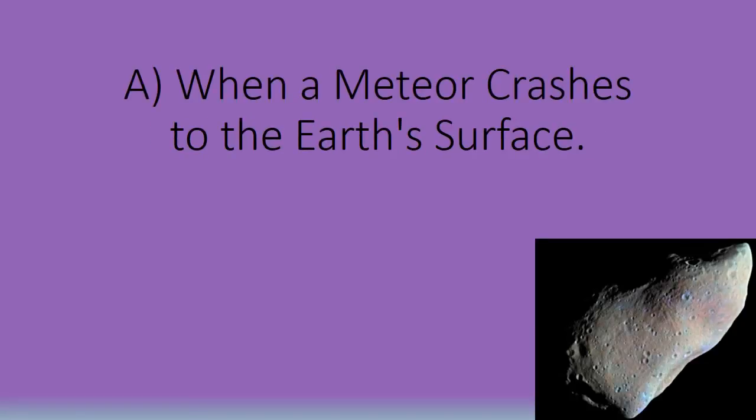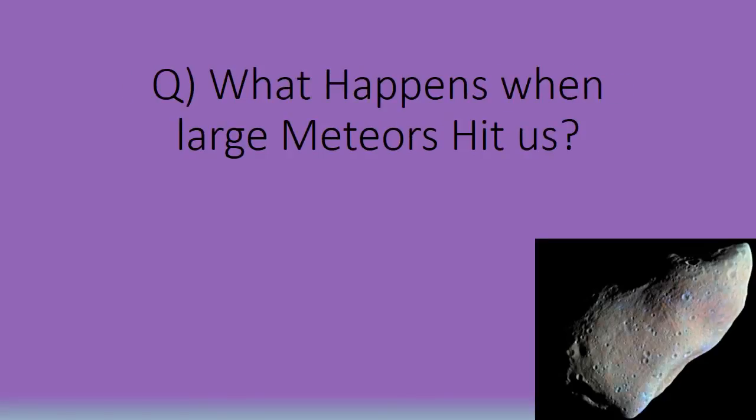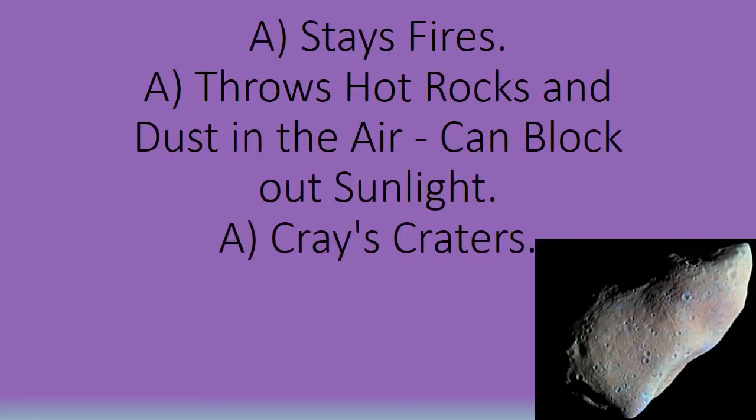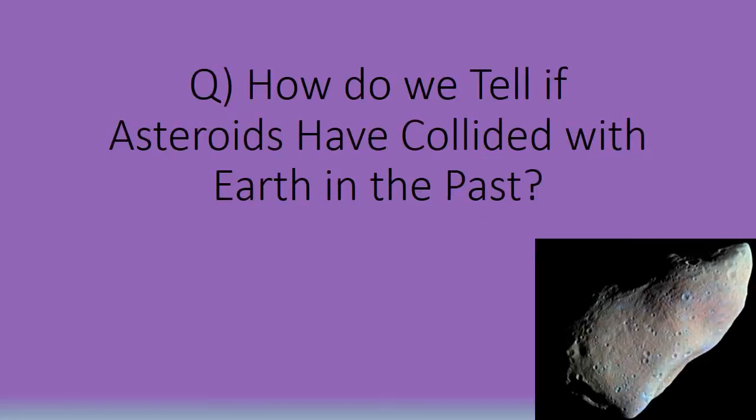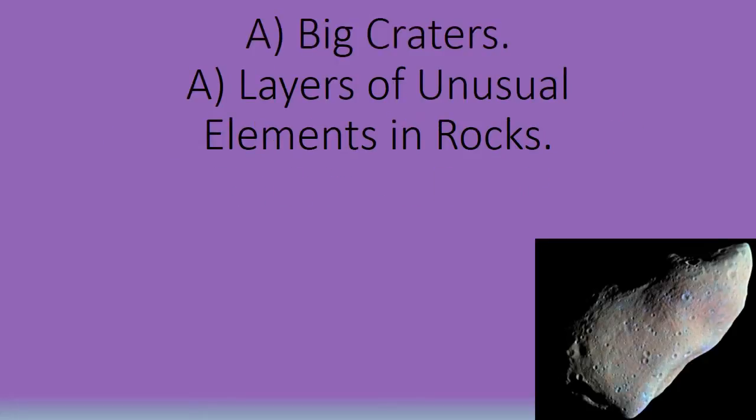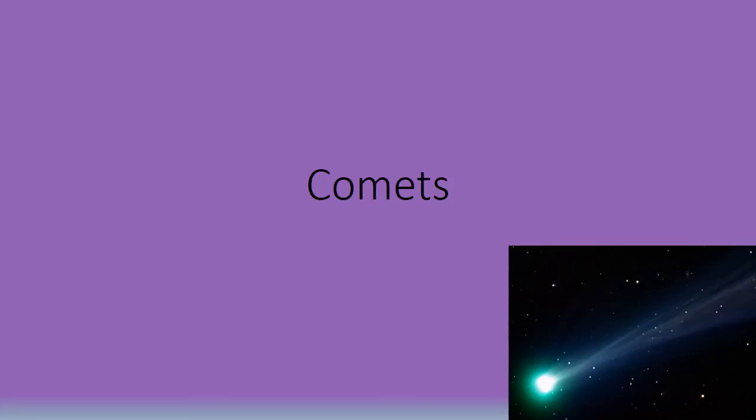When a meteor crashes to the Earth's surface. What happens when a large meteor hits? Starts fires, throws hot rocks and dust in the air, can block out sunlight, creates craters. How do we tell if asteroids have collided with Earth in the past? Big craters, layers of unusual elements in rocks.